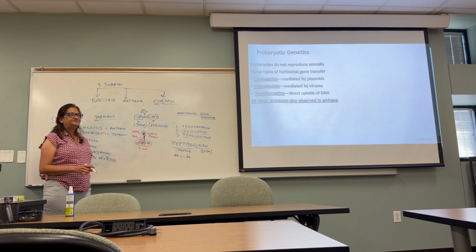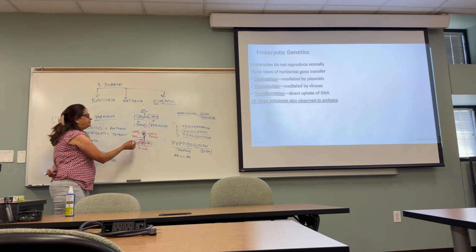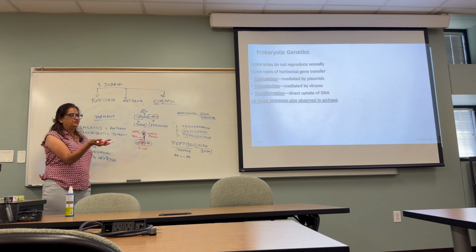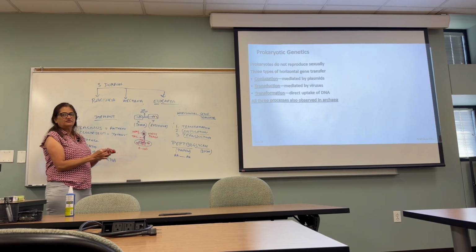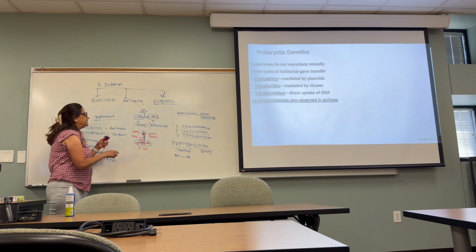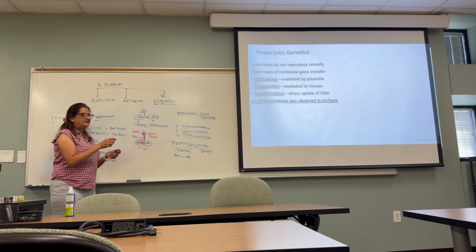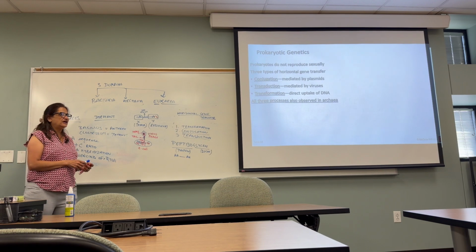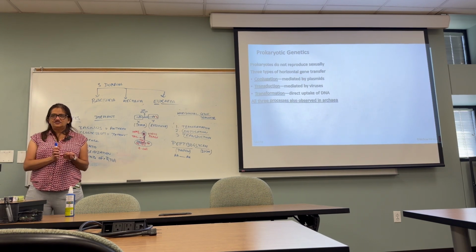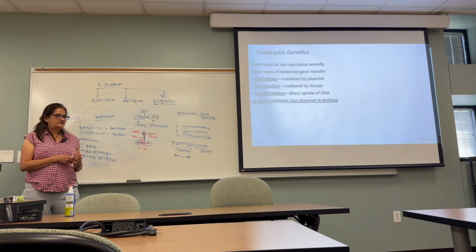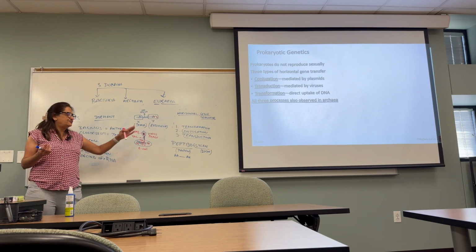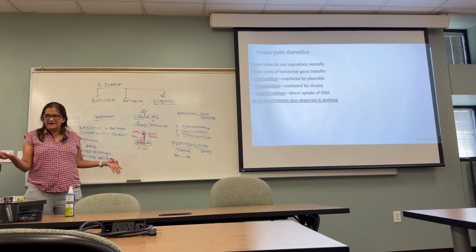Make sense? But there is a little bit of bacterial chromosome there too. It's not just going to fade away. The gene transfer has occurred now: the bacteria's genes got intermixed with the virus DNA. Make sense? So this is a gene transfer, right? You have the genes of both.